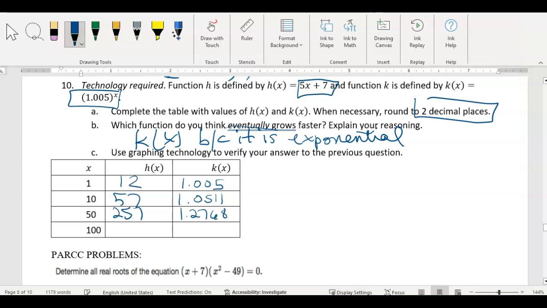Oh, it said 2 decimal points, so I would write this as 1.28, 1.05, and 1.01 if we were rounding it, right?